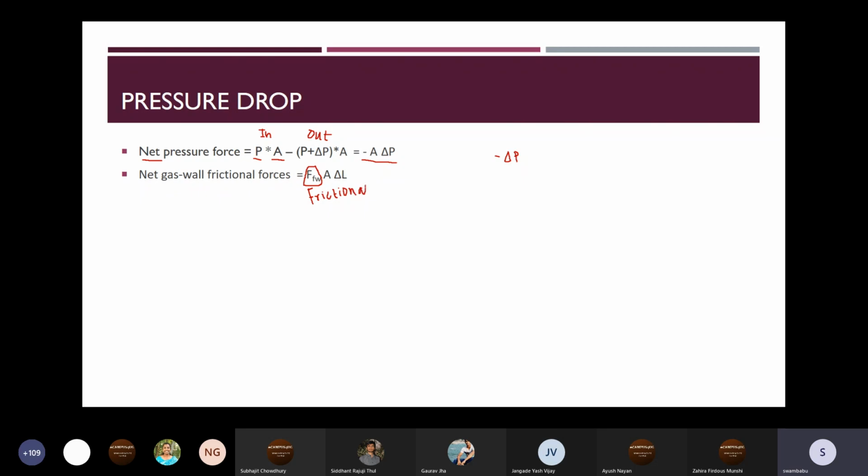I am not going into the details of how you get these frictional forces per unit volume, because that will take so many lectures if I need to explain from the fundamentals. Third year students already know it, but second year students have to wait till you complete your fluid mechanics course. So this is the frictional force per unit volume.